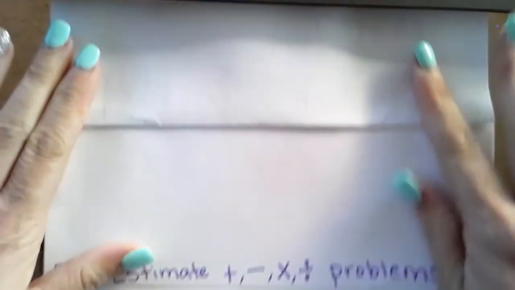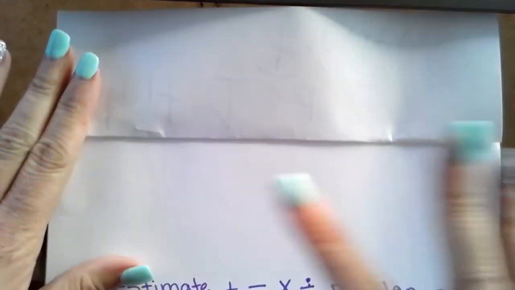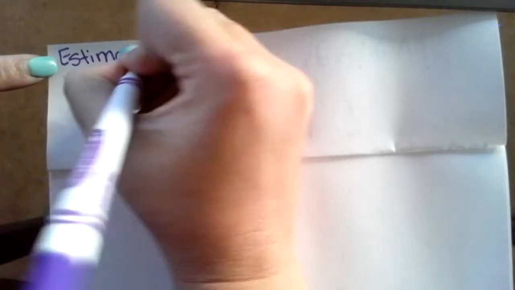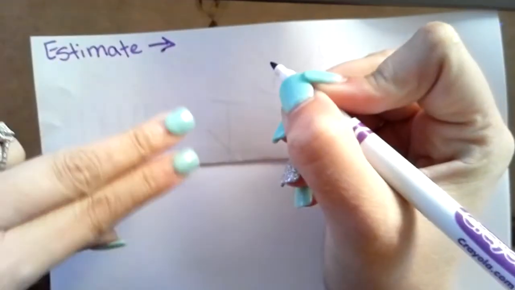So a couple of things going on. All right. So at the very top, I would like you to write, and I'm going to write in purple because I wrote in purple here, but purple and pencil. Because I'm going to do some things in pencil. I'm going to do some things in color. Totally up to you how you want to work that. So we're talking about estimating. So I want to write right up here, estimate with an arrow.